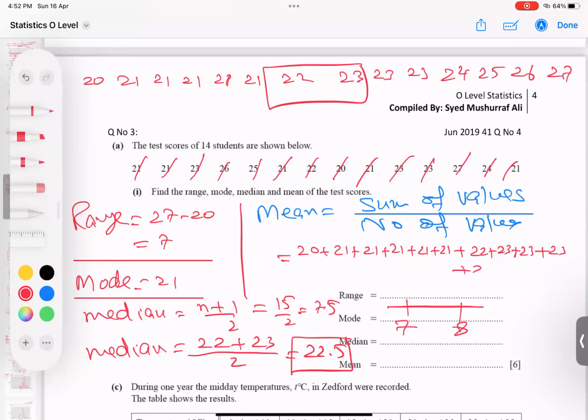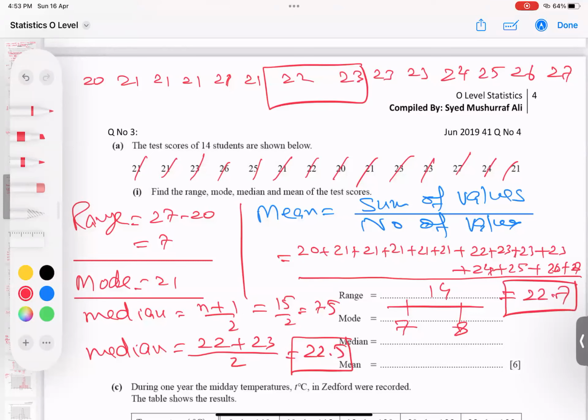Then 24 comes, then 25, then 26, then 27, divided by 14. And the answer finally coming with us is 22.7. 22.7 is my final answer.